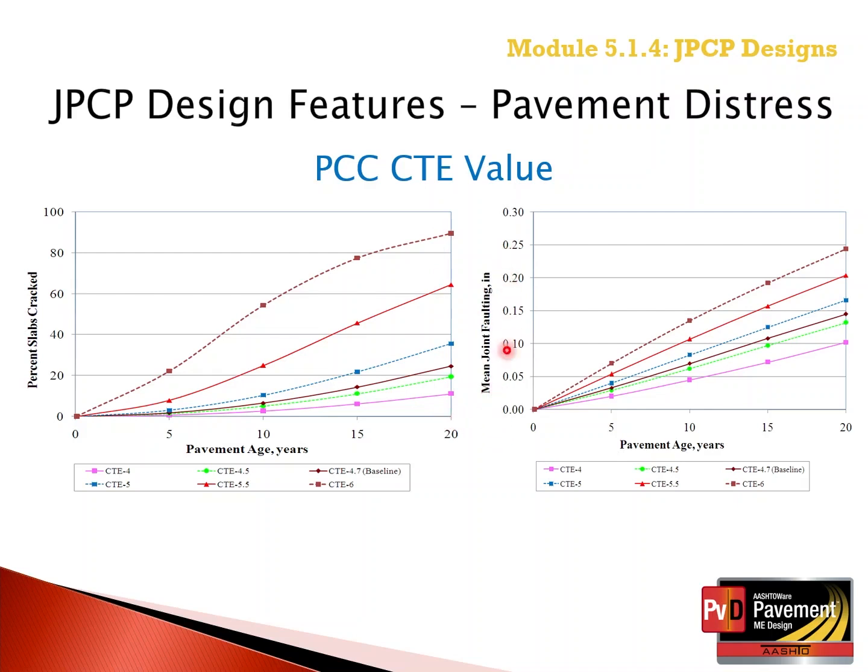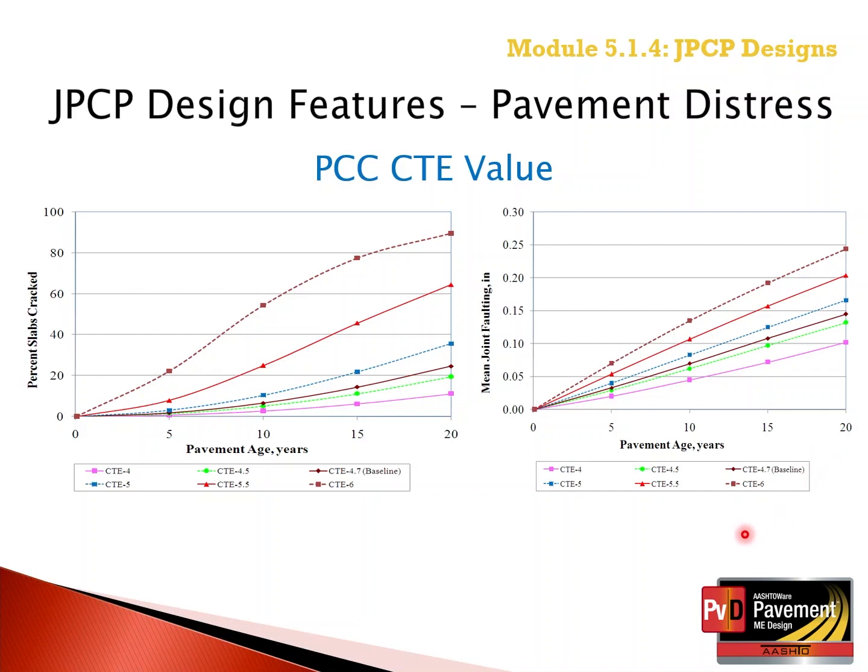Mean joint faulting as a function of pavement age throughout the design life, showing the same range of CTE values, and as shown, there is an effect, but the effect is much smaller for reducing mean joint faulting throughout the pavement design life by using different types of aggregates.